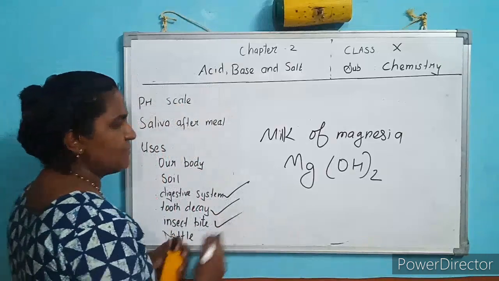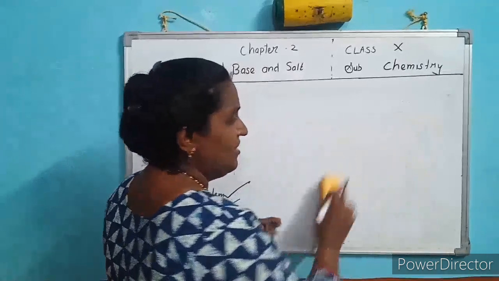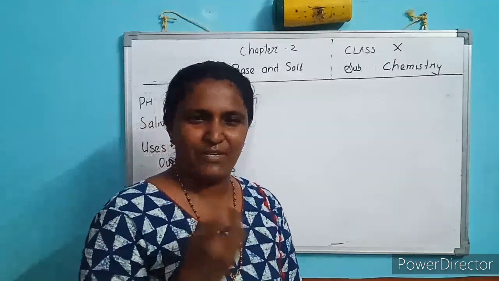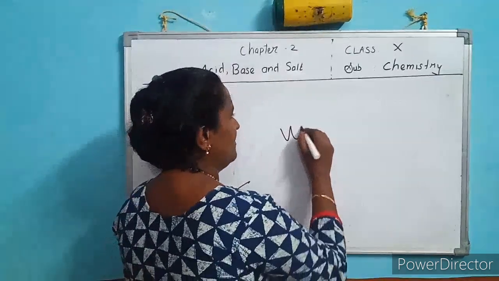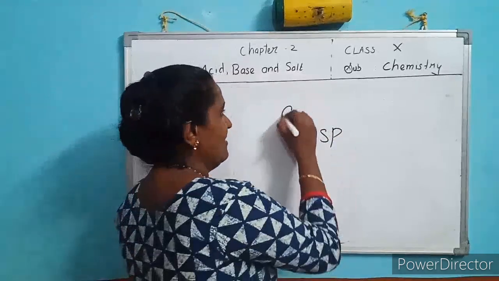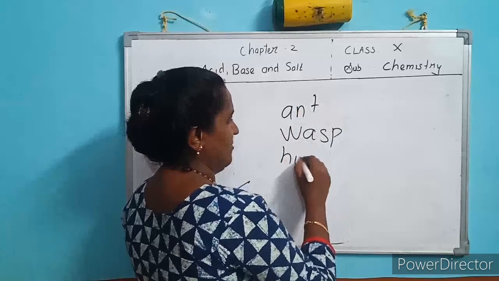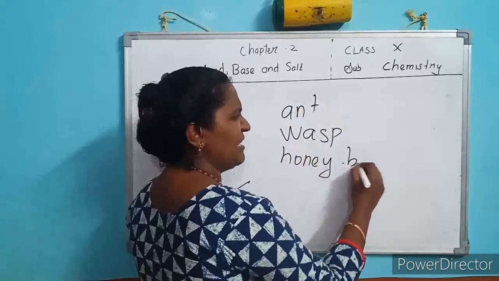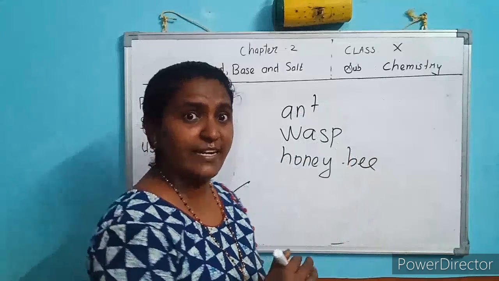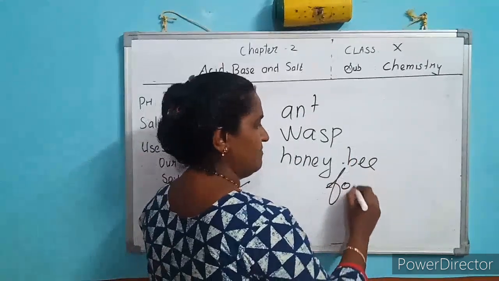Next one is insect bite. Honeybee, wasp, ant, some other insect. If they bite, we get severe pain because they secrete formic acid.